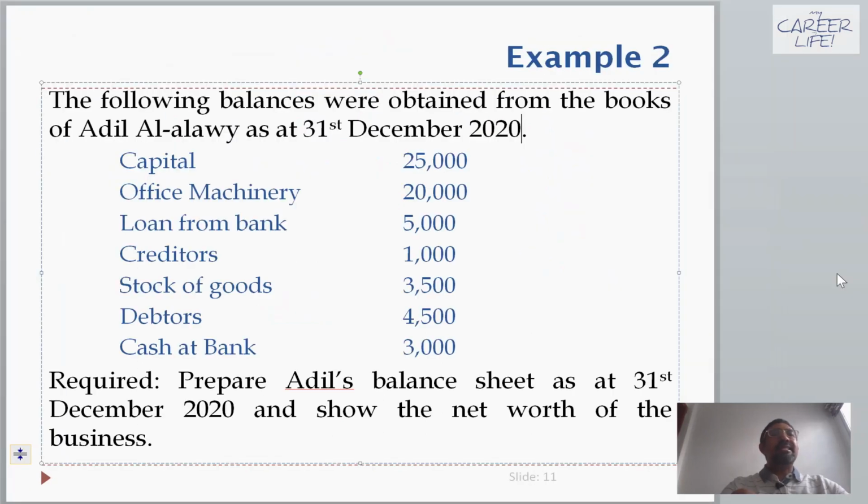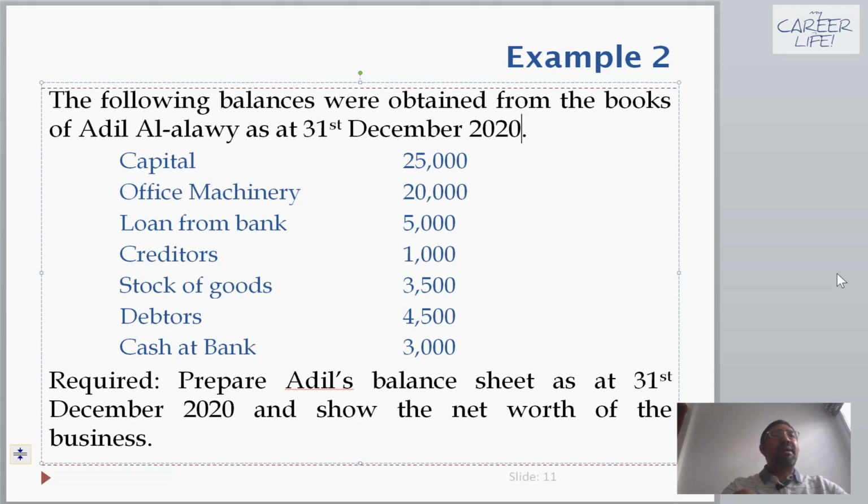Now, for the second example, let us look at the same proprietor, Adil Al-Alawi, but with several transactions, and this information is given for the period ending 31st December 2020. So we have capital. He introduced capital worth 25,000. He acquired office machinery, 20,000.